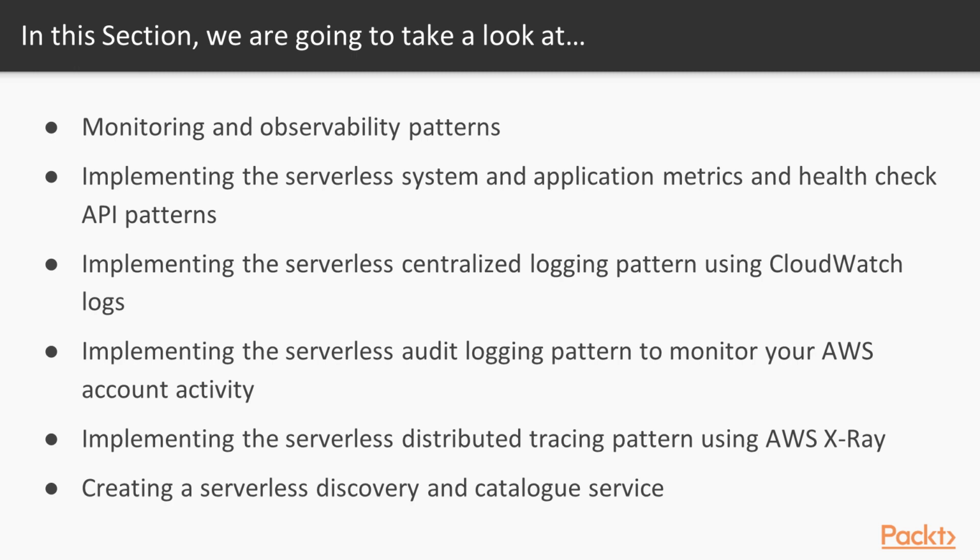Then we'll discuss the implementation of the audit logging pattern in order to monitor all the activity in your AWS account. Then we'll talk about the implementation of the distributed tracing pattern using AWS X-Ray. And finally, we will talk about creating a serverless discovery and catalog service.